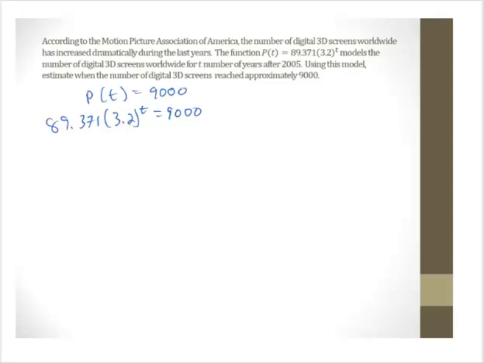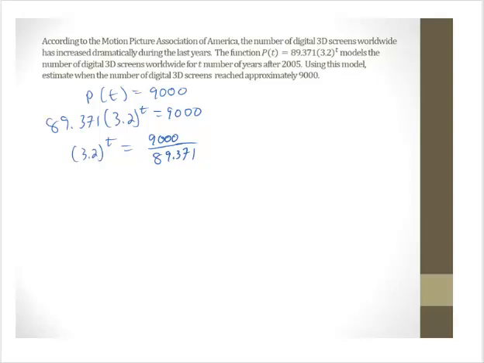I'll divide through by 89.371. 3.2 to the t is equal to 9,000 over 89.371. Now, I'm not going to calculate this yet, because it's probably going to be a nasty decimal number, and I don't want to round too early. Don't round until the end.